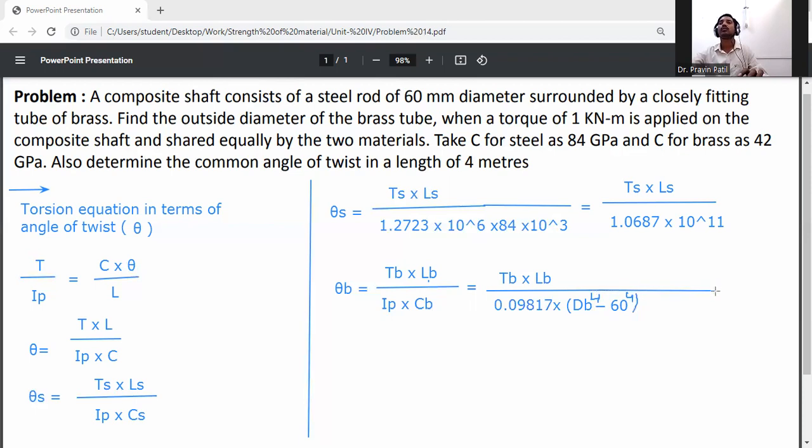Now remaining it is CB, it is 42 into 10 raised to power 3.